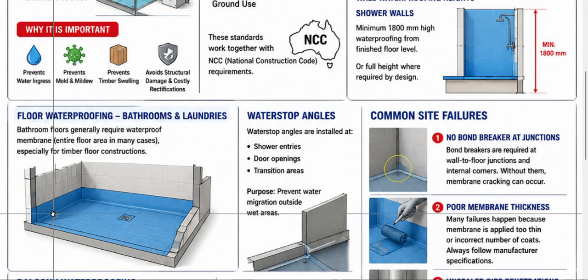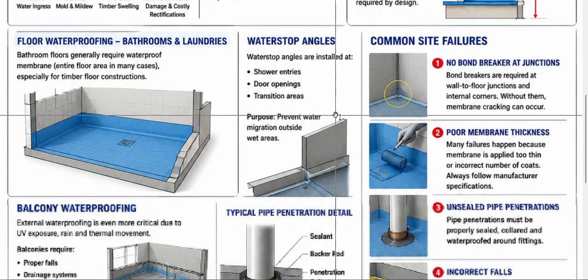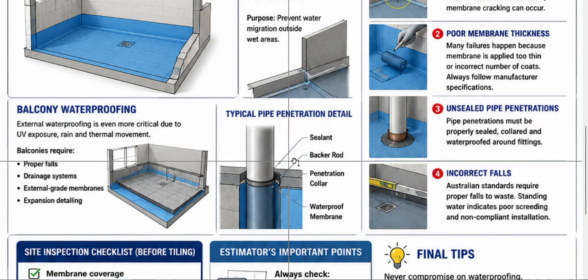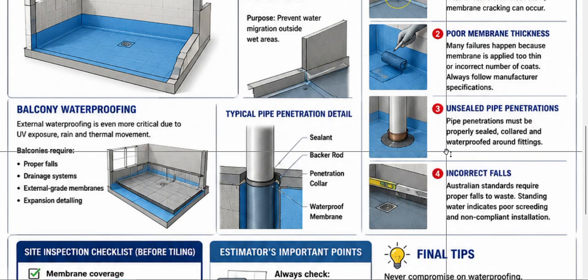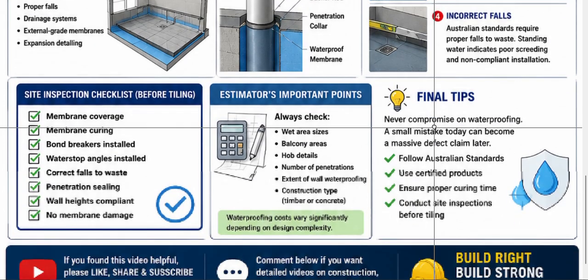If this is a side, then waterproofing should be done 100 mm above this floor level. For any waterproofing you do, it should be 100 mm above the side of the corner. Similarly, screeding and all that we do in this.